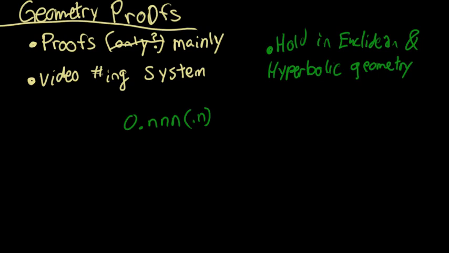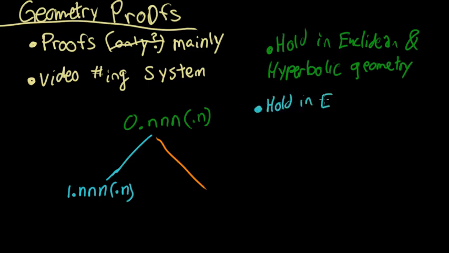So after I get done with those videos, I split it into two different categories. So the blue category, as I'll be calling it here, is 1.NNN, and there will occasionally be a .n afterwards if I forgot something. These videos hold in Euclidean geometry.